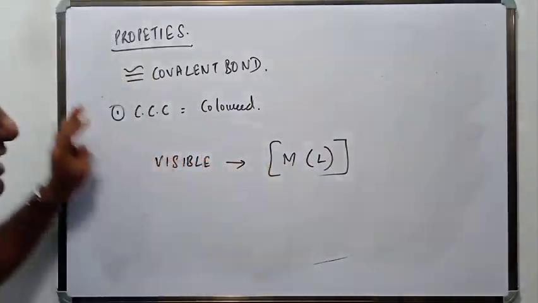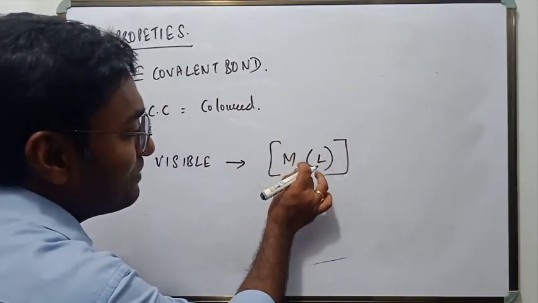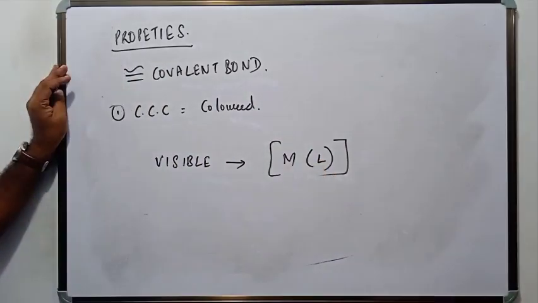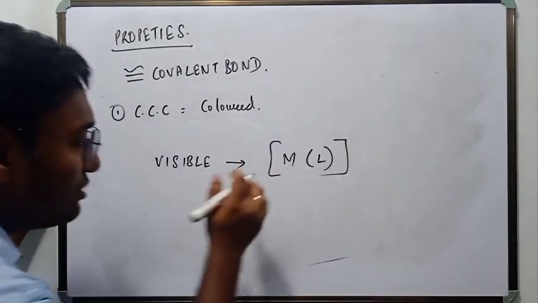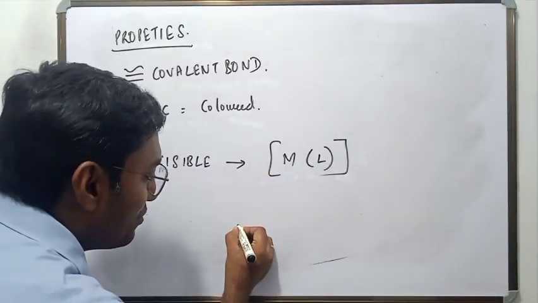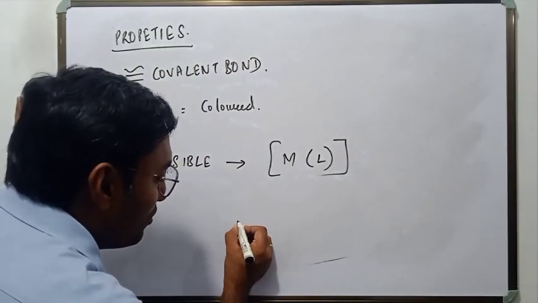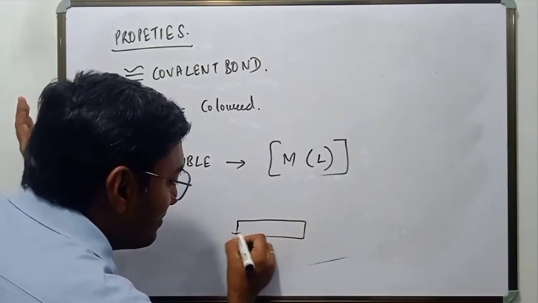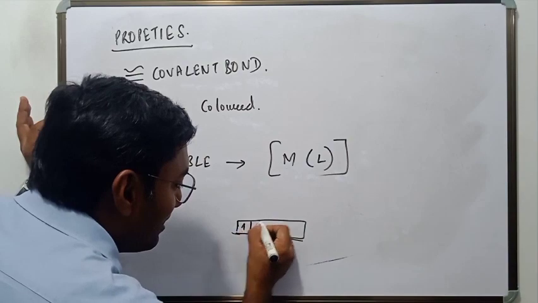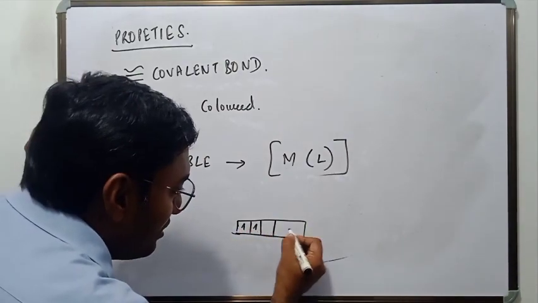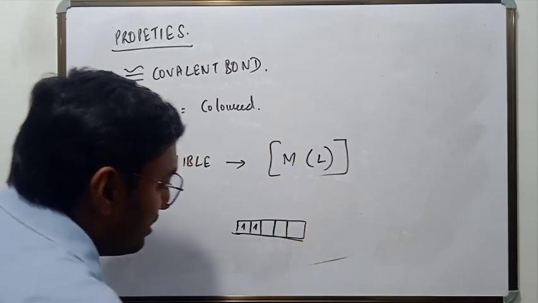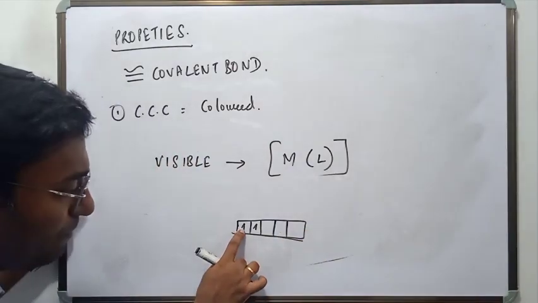But when the metal ion is present in a complex form, and we pass visible light, in the metal ion there are electrons in the d orbitals. The lower d orbitals have some electrons, and there is an unpaired electron in the lower d orbital.